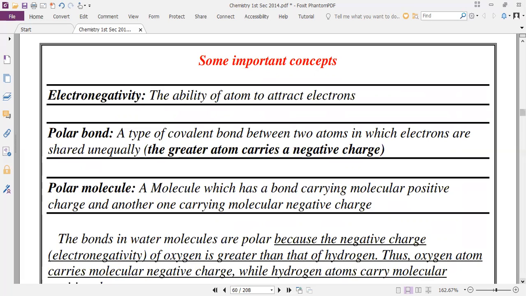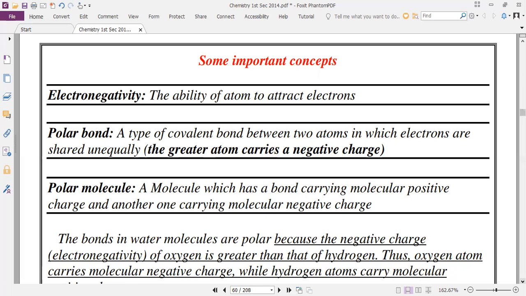So it's the ability of an atom to attract electrons. Which elements have the highest electronegativity, nonmetals or metals? Nonmetals. Excellent, nonmetals at the right side of the periodic table.